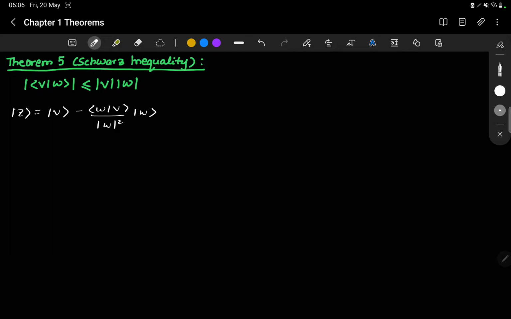Now let us find the magnitude of z, or rather the inner product of z with itself. So let us find out this inner product.